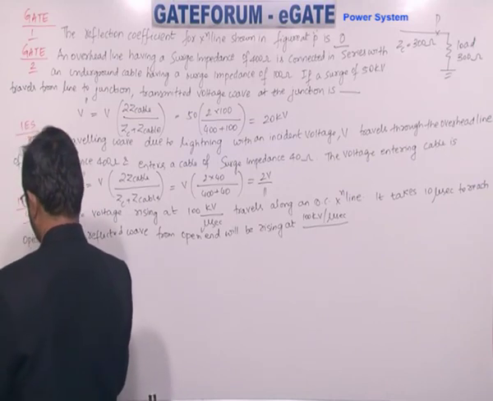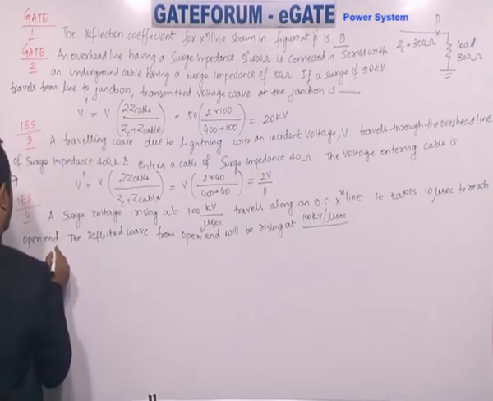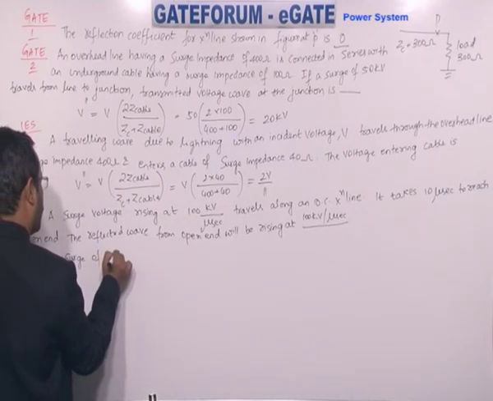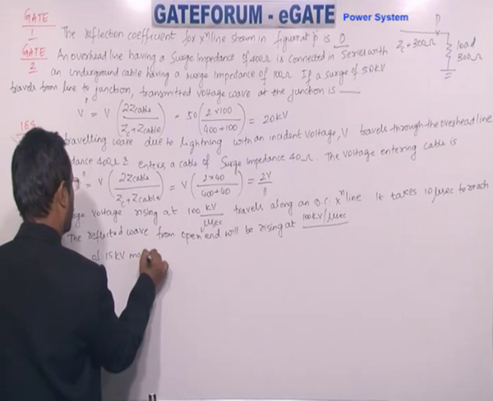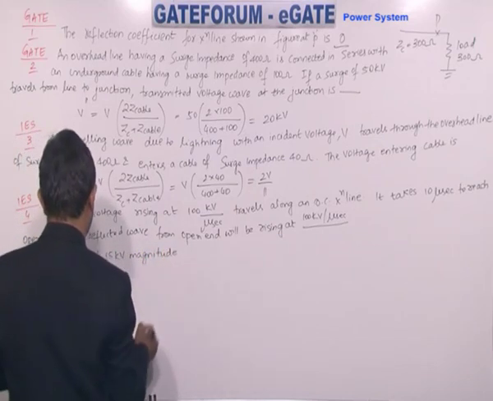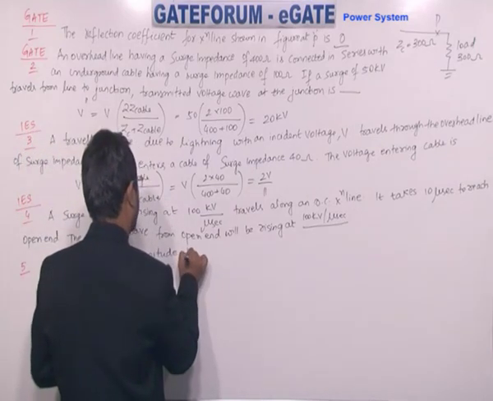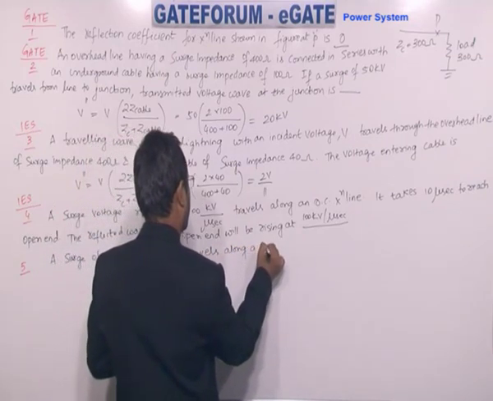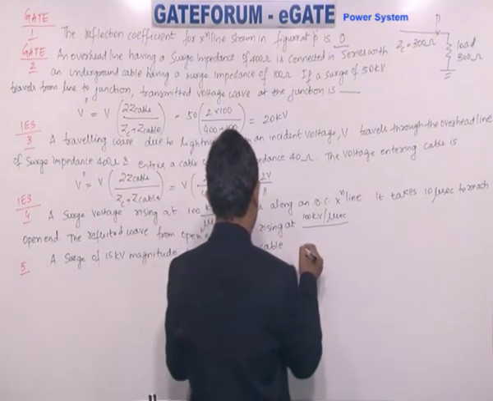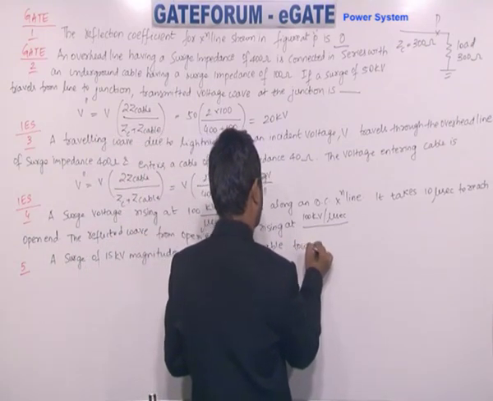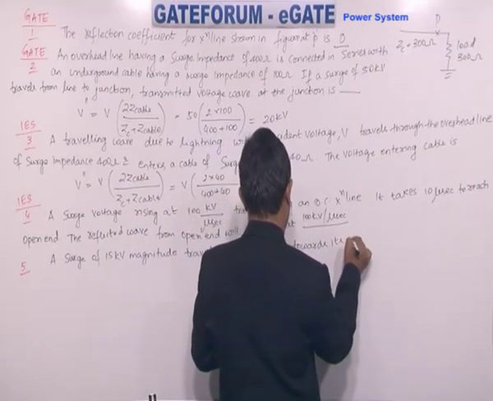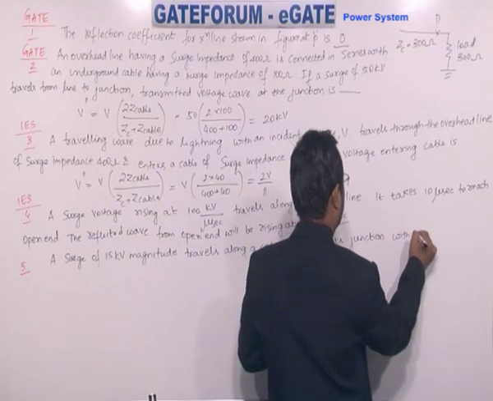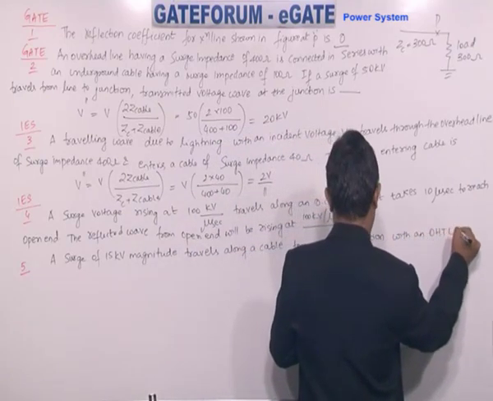Now we solve this next one. A surge of 15 kV magnitude travels along a cable towards its junction with an overhead transmission line.